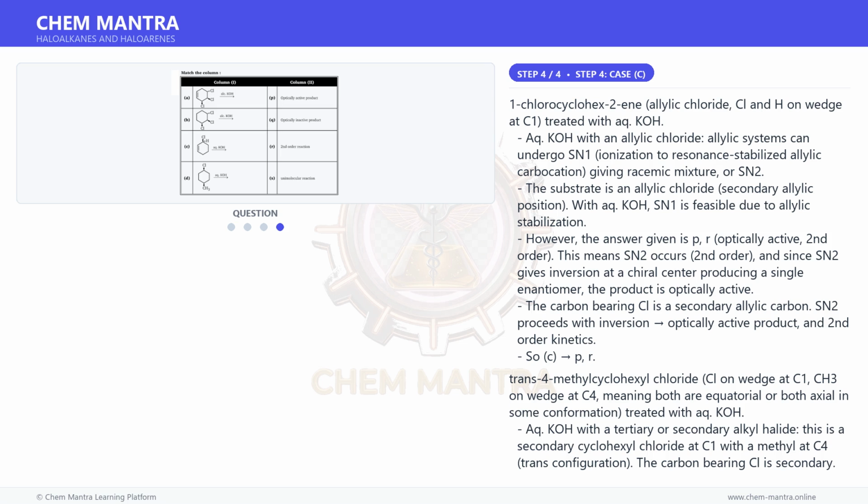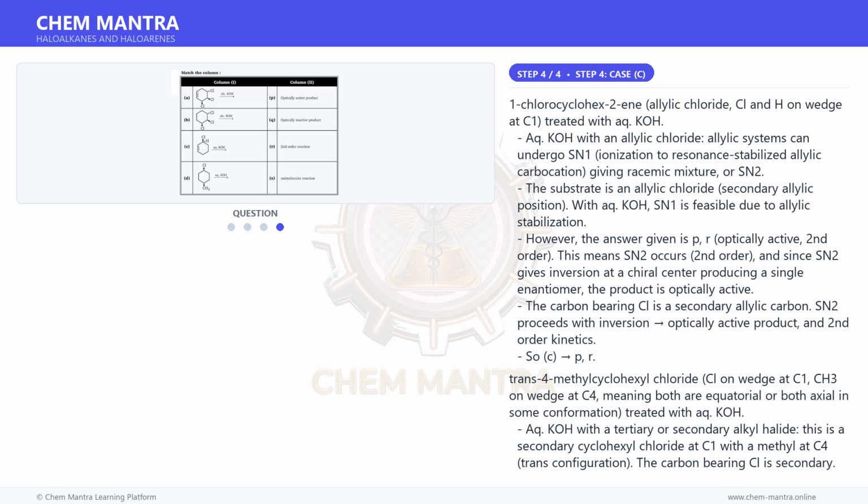The carbon bearing Cl is secondary. Trans-4-methylcyclohexyl chloride, in the chair conformation where Cl is axial and CH3 is equatorial. With aqueous KOH, secondary substrates typically undergo SN2, but cyclohexyl systems are somewhat hindered.